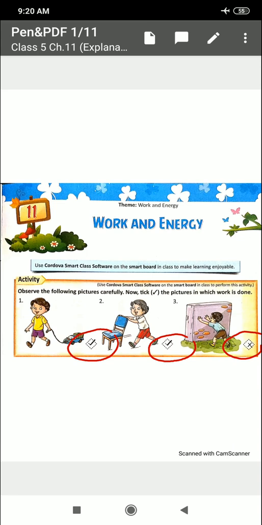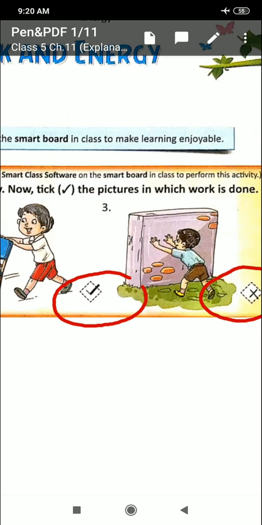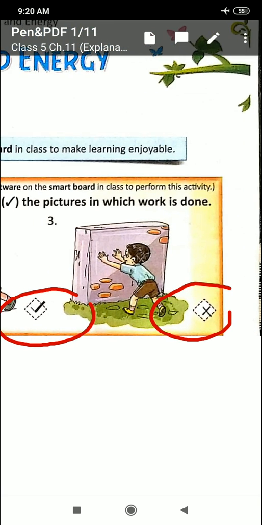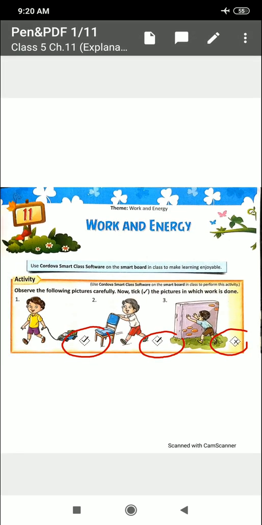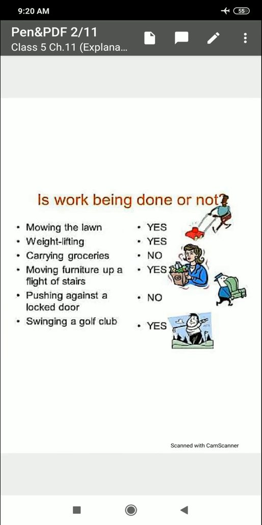But here, as you can see, whenever the force is applied, the wall does not move from its place. That's why there is no work done in this situation. So the condition of work being done is that whenever the force is applied on an object, the object should move from its place.